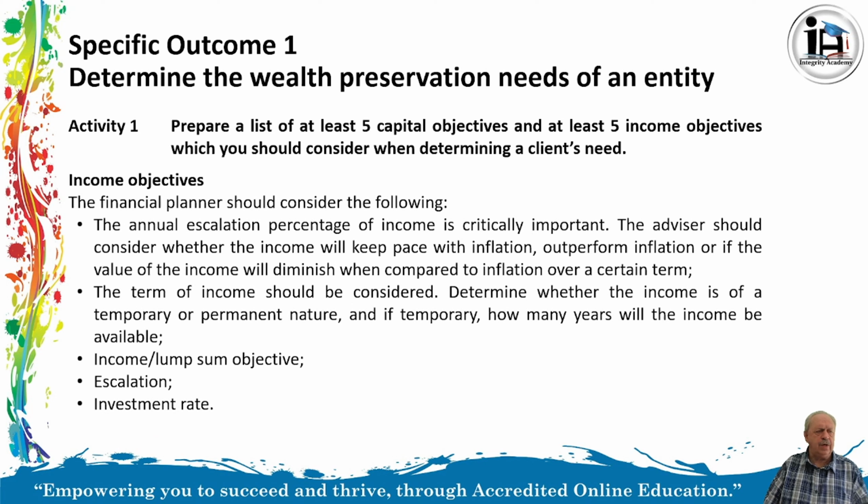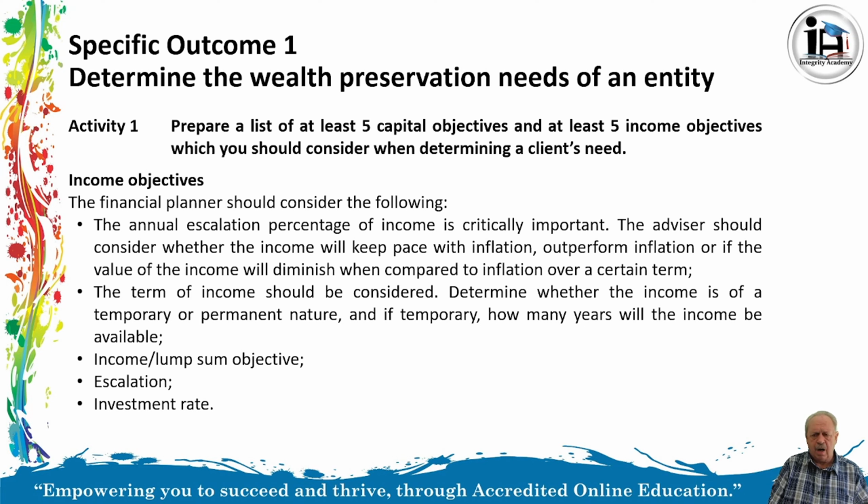Right, if we look further at income objectives, the annual escalation percentage of income is critically important. Now, escalation percentage means that your income every year will increase at a certain percentage, let's say 5%, 10%, whatever.